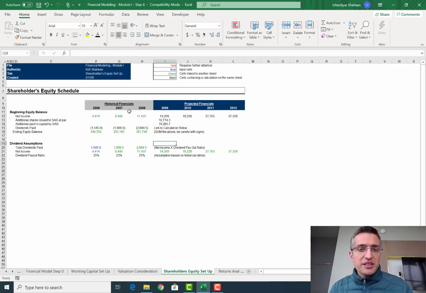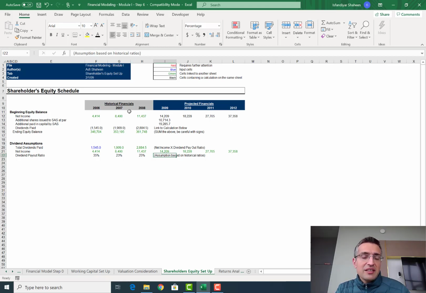To finish off our shareholders' equity schedule, we also need to have an assumption on dividends paid. Airports and power plants and such infrastructure type investments are cash yielding investments.